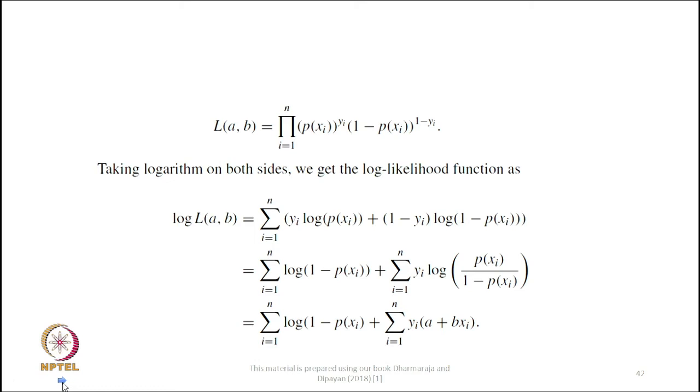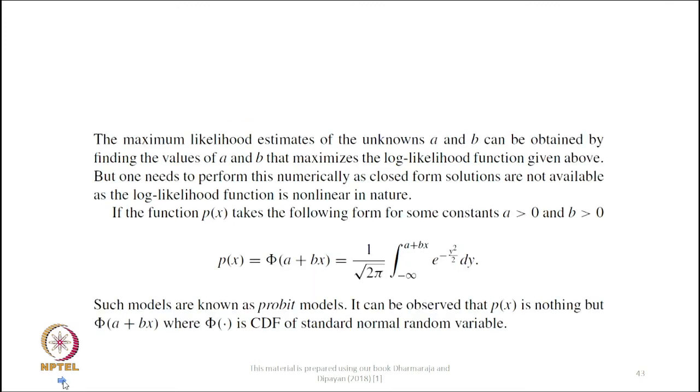You create the likelihood function as a function of A and B. Then you take a logarithm. Once you have the log of the likelihood function as a function of A and B, you can go for estimating the unknown parameters using the maximum likelihood principle.